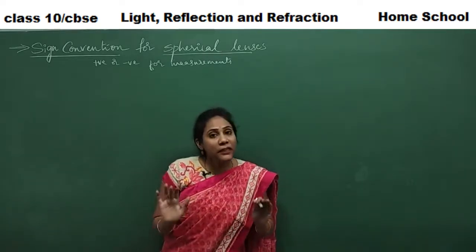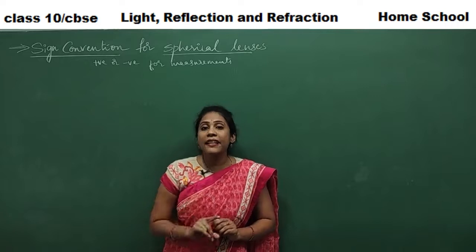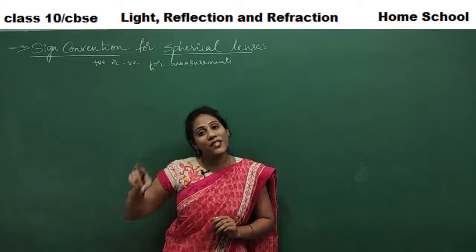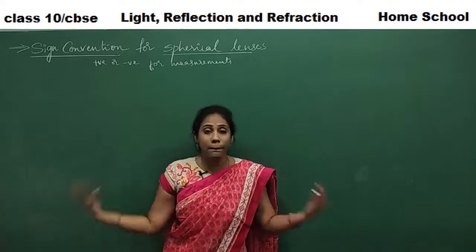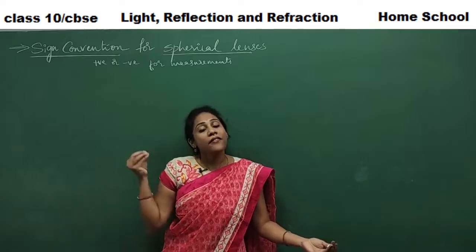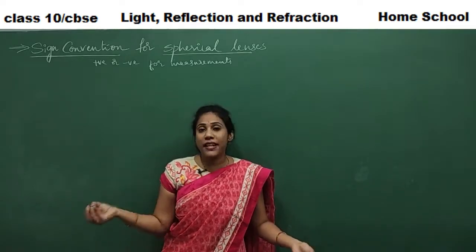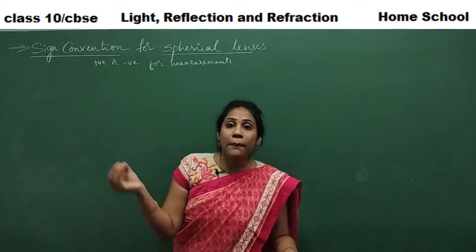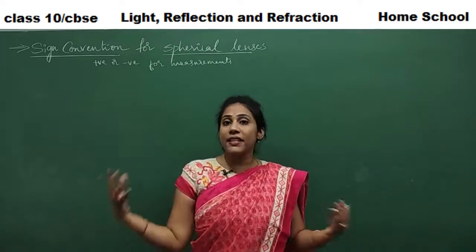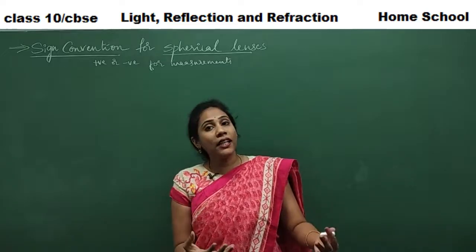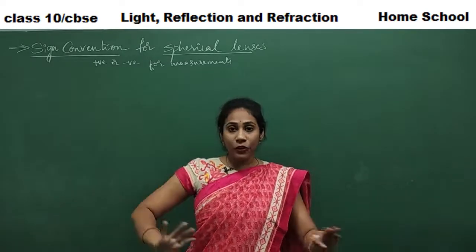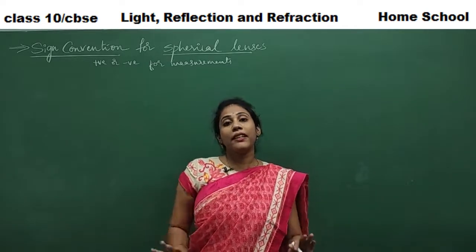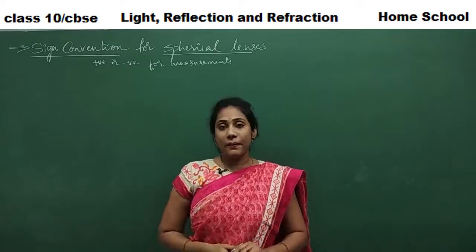So it's very much necessary to understand what sign has to be given for what measurement. When you measure an image distance, what sign do you have to give? When you talk about the distance of the object, what sign has to be there? For focal length, what sign has to be there? This is a very important thing one must understand.